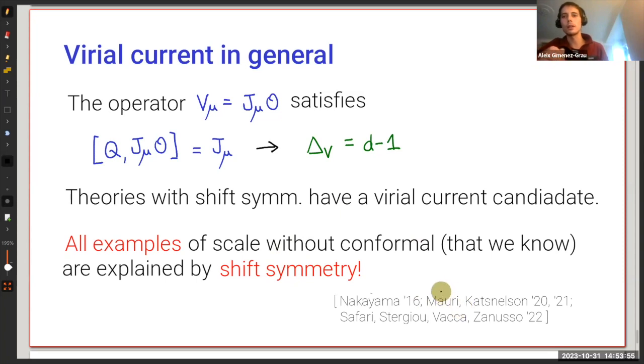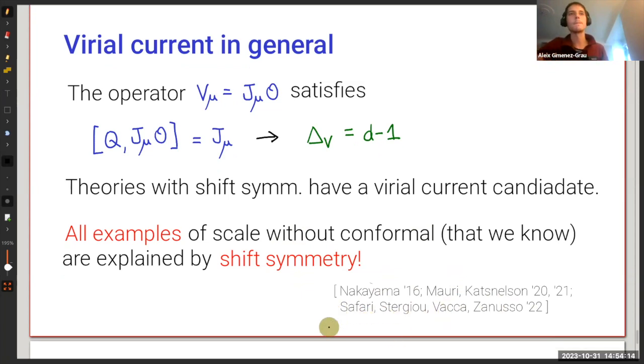Sometimes it was not even appreciated that this was the reason they were scale invariant. In some cases, they understood that they had the shift symmetry, like for instance here, but they thought it was conformal. I think our arguments show that they are incorrect, that it's actually only scale invariant.